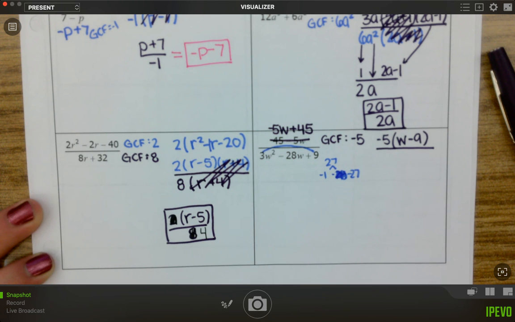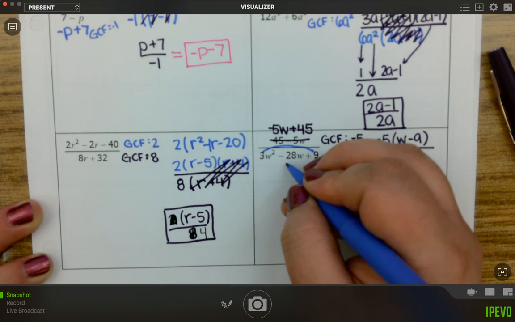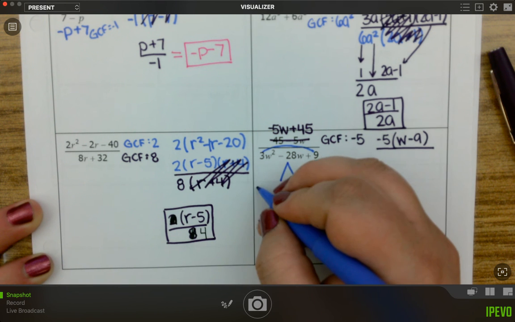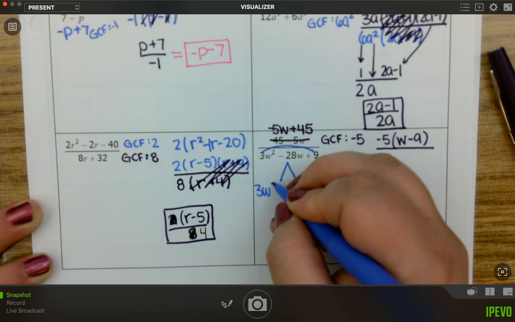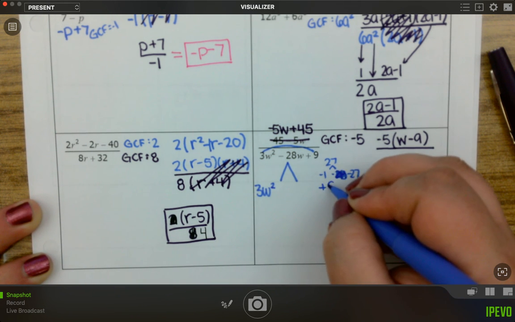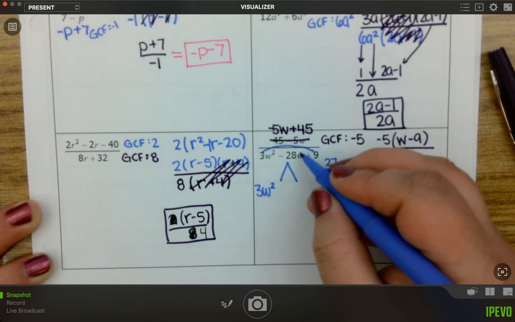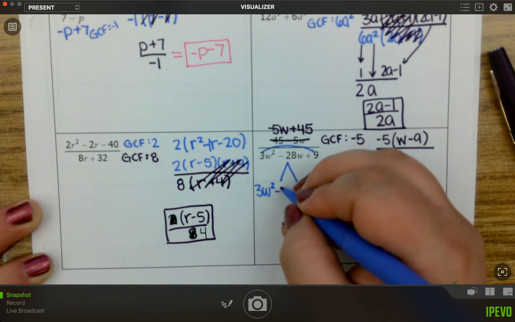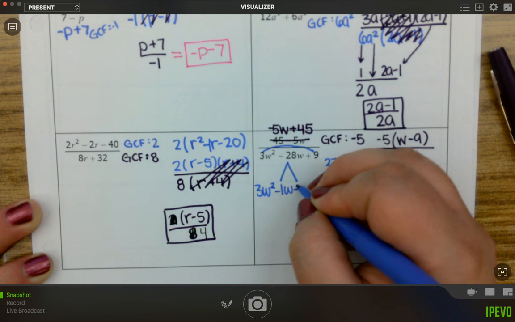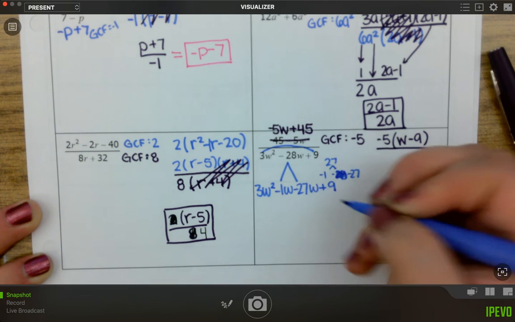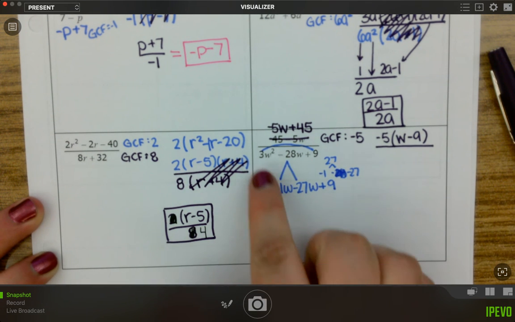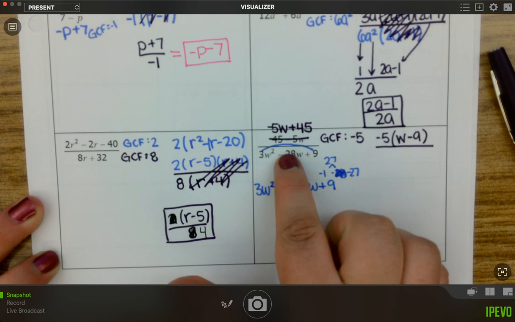They both need to be negative to add to negative 28. And this is where you're just going to split it up in the middle. Keep the 3w squared and the 9. But instead of negative 28 in the middle, you're going to make it negative 1w and negative 27w. So whenever you have a number in front that you can't divide by, you split up the middle.